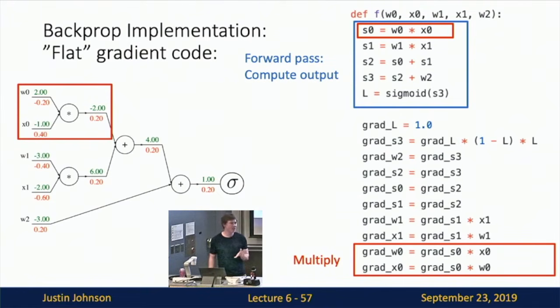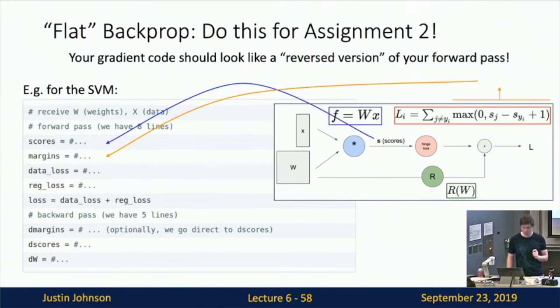And this will make your life much, much easier when it comes to computing gradients. It turns out that once you get enough practice with this, you almost never need to do math on paper in order to write gradient code. You simply look at the code that you wrote for the forward pass, and you just invert it using all these little local rules that you pick up over time.